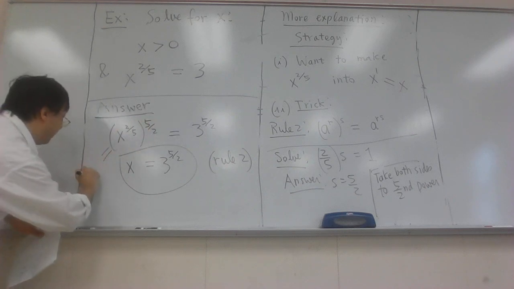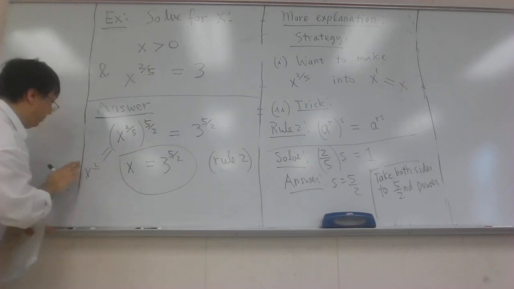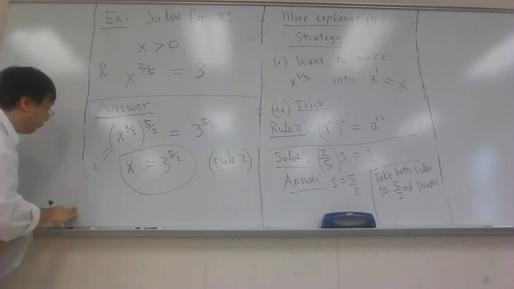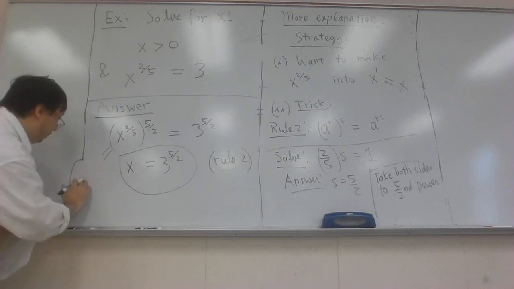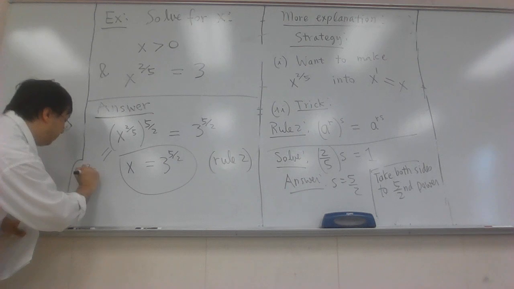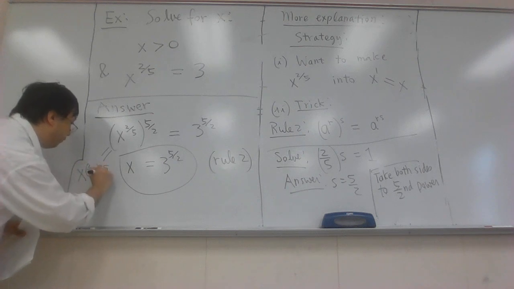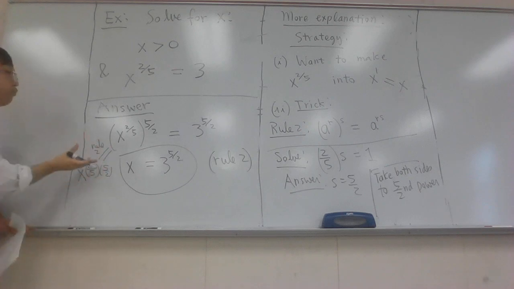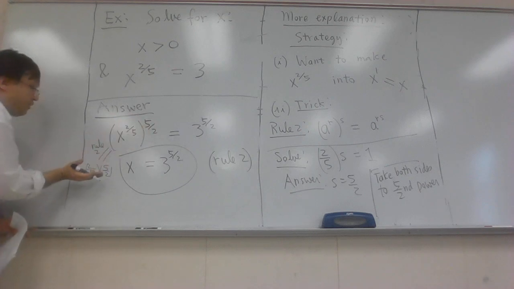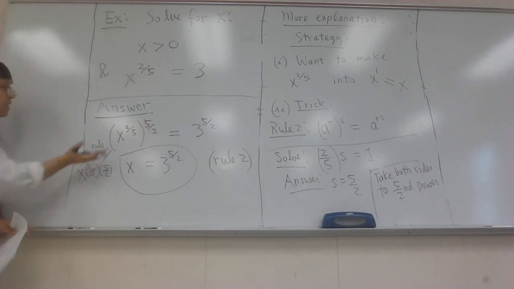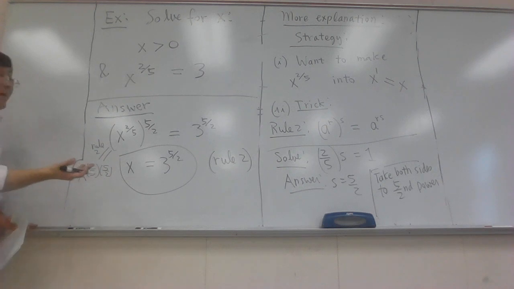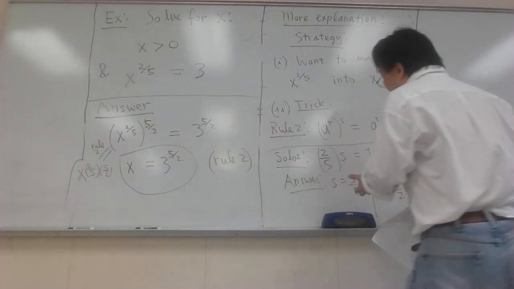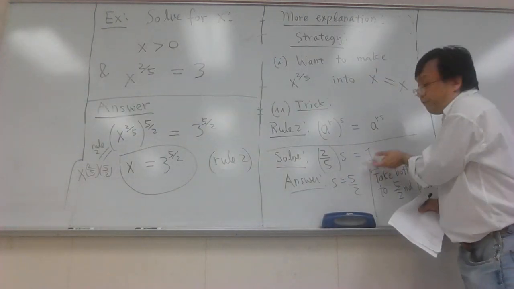So this is x to the power of 2/5 times 5 over 2. That's how we chose 2 over 5 and 5 over 2: 2 over 5 times 5 over 2 is 1.